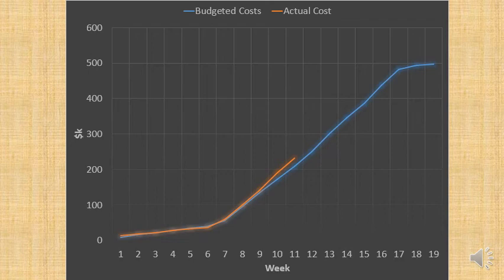So this is a more useful thing for tracking expenditure, and you can see it's going above the budgeted cost, or cash cost, because we're owing money to people.